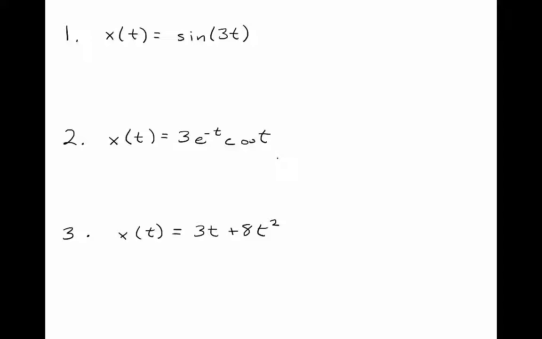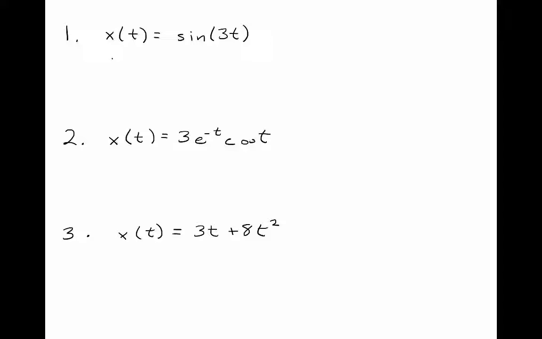So I encourage you to be thinking about what the units should be on those numbers. But for now, what I want you to do is figure out what the acceleration is based on these position functions. So pause the video, try these out, and then press play when you're ready to go.